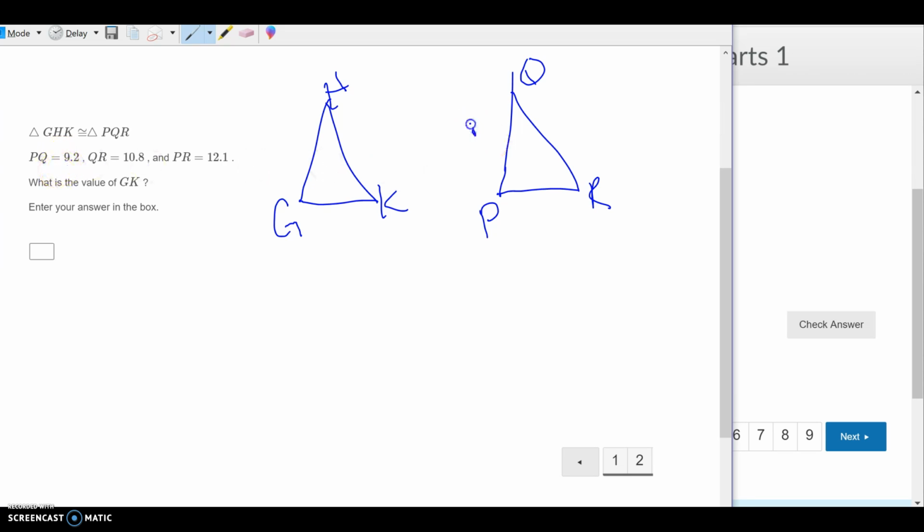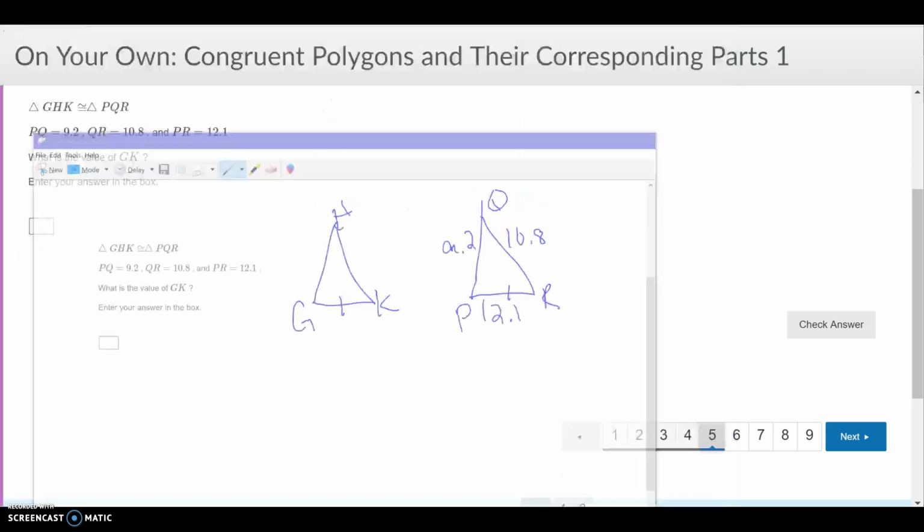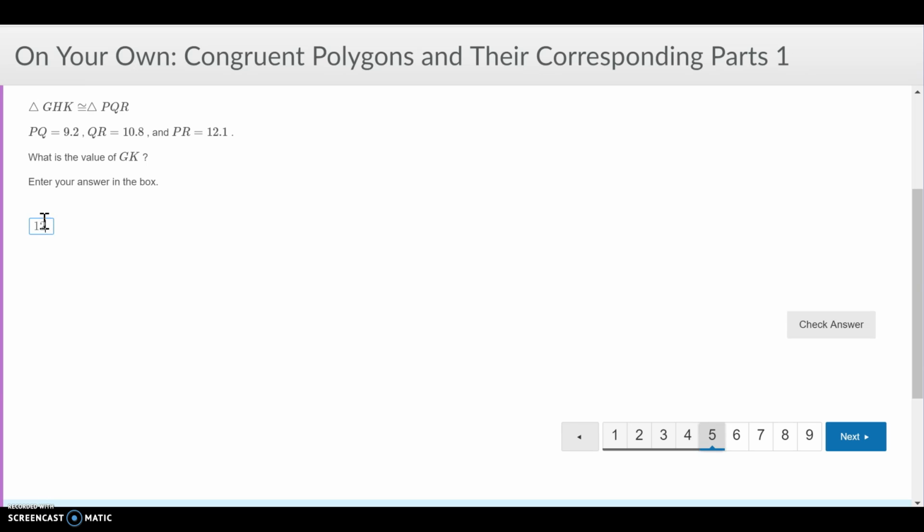PQ is 9.2, QR is 10.8, and PR is 12.1. So we're looking for GK, which is congruent with PR, so it should be 12.1.